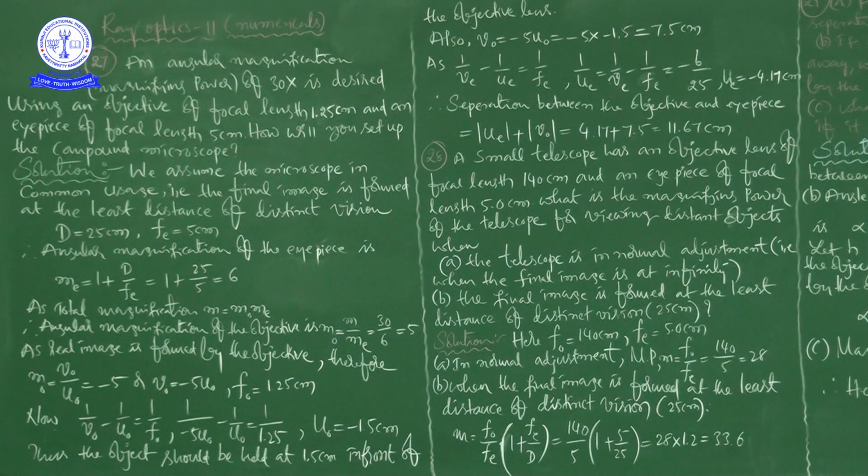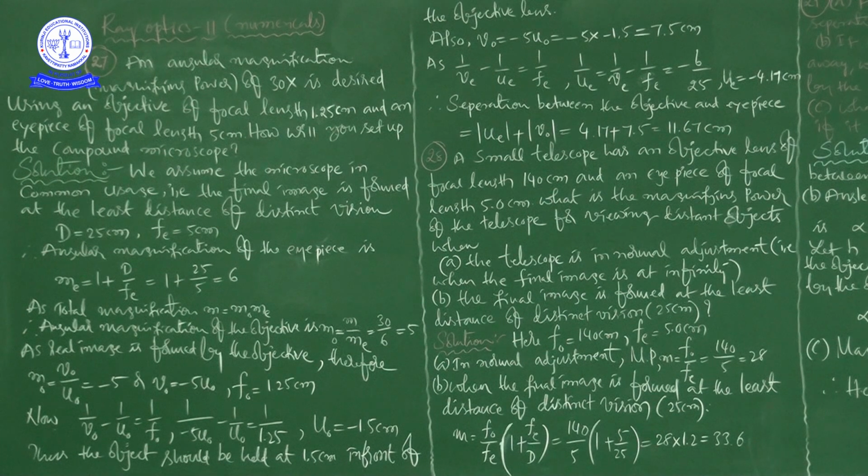He is asking to find the setup of the compound microscope, which means we have to find the separation between the objective and eyepiece. See here, if you observe carefully, we assume the microscope is in common usage, that is, the final image is formed at the least distance of distinct vision.